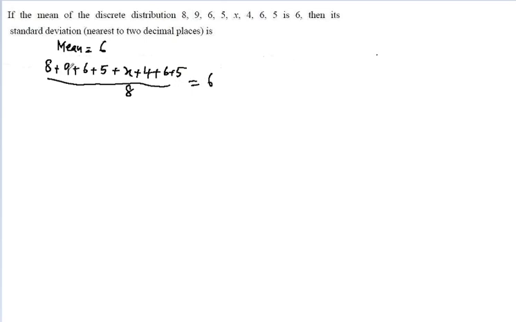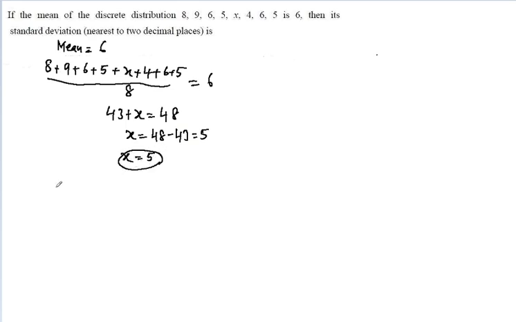That is 8 plus 9, 17, plus 6, 23, 28, 28 plus 4, 32, 32 plus 6, 38, plus 5, 43, 43 plus x is equal to 8 into 6, 48. Therefore x is equal to 48 minus 43, that is equal to 5. The value of x is equal to 5.